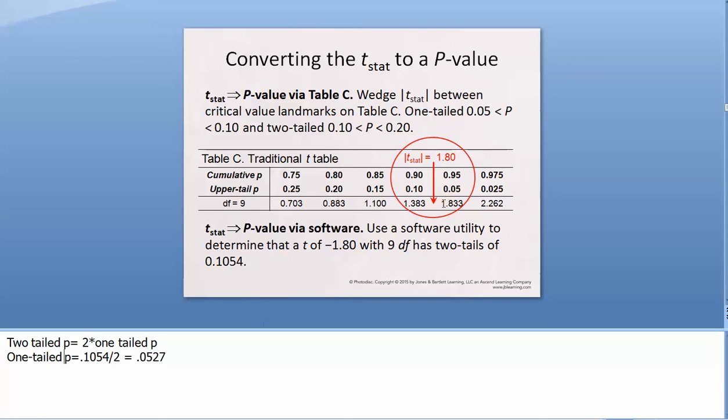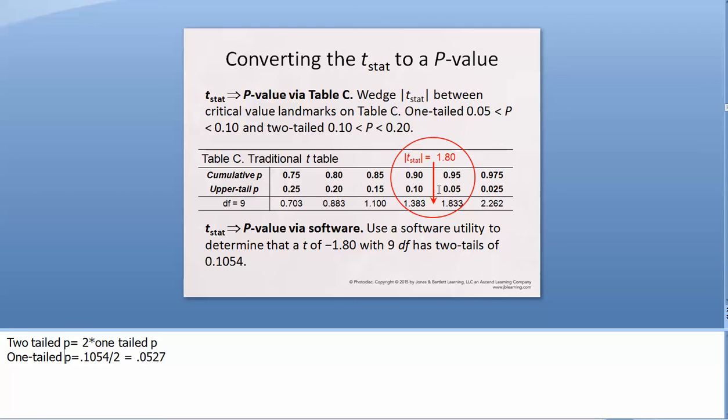Now see, if you have the table, you sort of have to see, okay, it's somewhere between 0.1 and 0.05. Now 1.8 is much closer to this, so maybe you can approximately say it's about 0.06 or something like that. That's fine. Software of course gives a more accurate value. So if you did not have software and used a table, I would have said, okay, 1.8 is much closer to 1.83 than 1.38, and then I will get this value to be like 0.06, the one-tail p-value. Okay, see, it's only the upper tail.